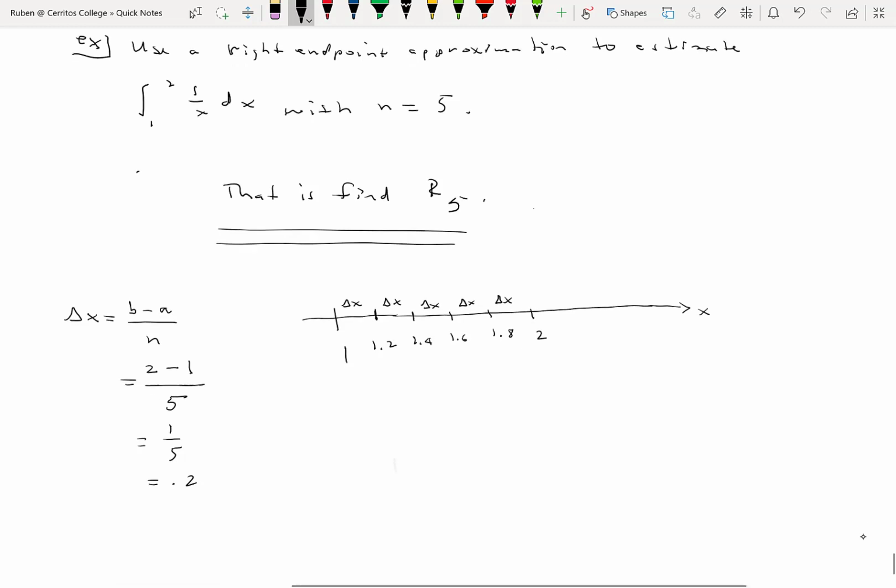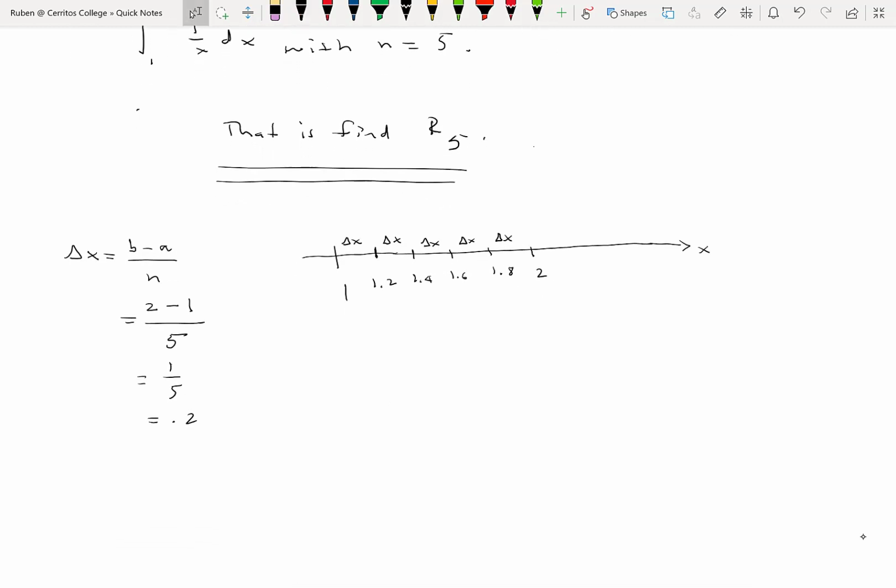Okay. So now we set up our approximation. So the integral from 1 to 2 of 1 over x dx then is approximately equal to R sub 5.